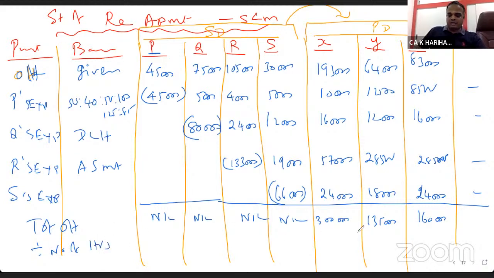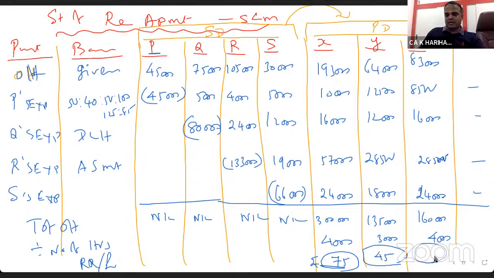What about the number of labor hours? They are given in this question itself: 4,000, 3,000, 4,000. So the recovery rate per hour is equal to total overhead divided by number of hours. 3 lakh divided by 4,000 is equal to 75 rupees per hour. 1,35,000 divided by 3,000 comes to 45 rupees per hour. 1 lakh 60 divided by 4,000 is equal to 40 rupees per hour.